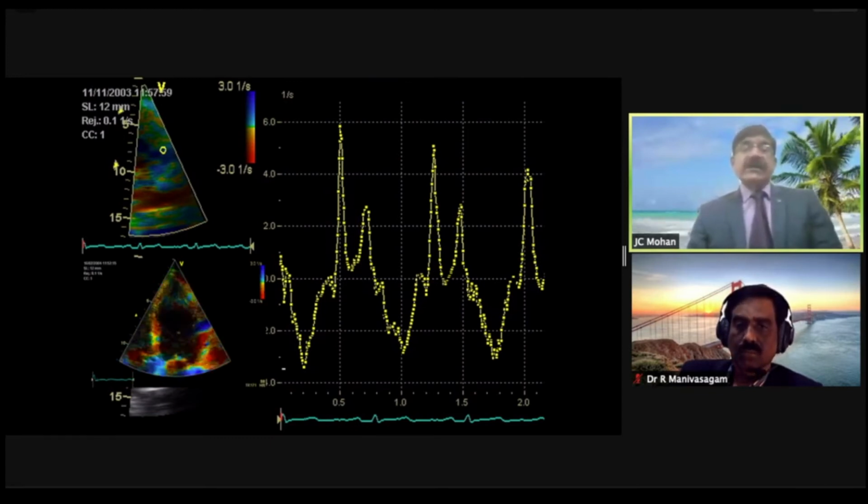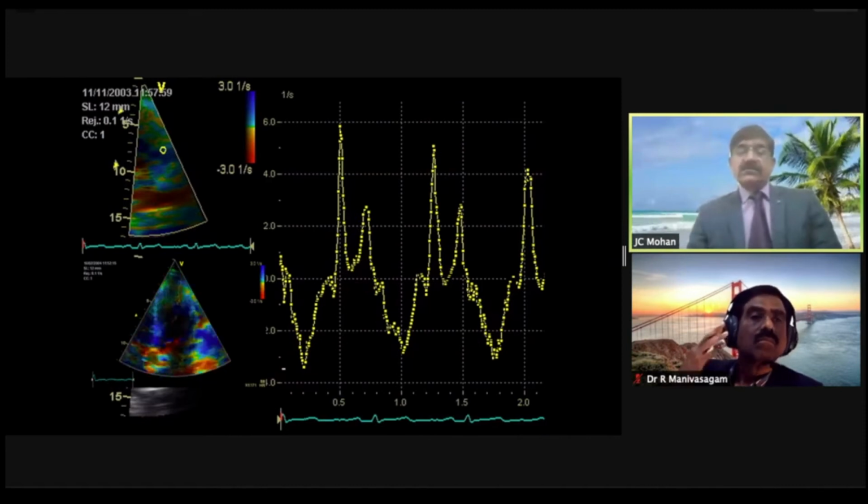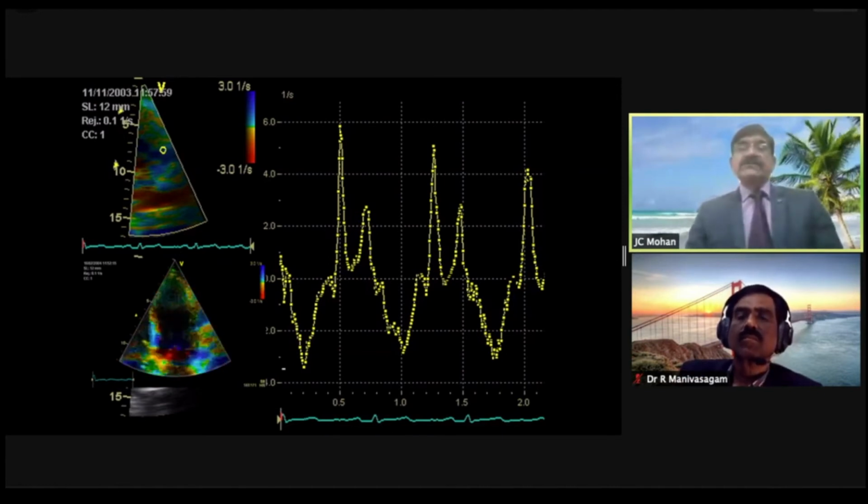But this is actually a 3-beat strain rate, and you can see the systolic strain rate of closer to about 2.8, or 2.5, and of course diastolic strain rate of about 6 per second. Remember, this is how these used to be described. The strain rate is still valuable, but largely in clinical practice, we give dimensionless strain indices rather than strain rate imaging.